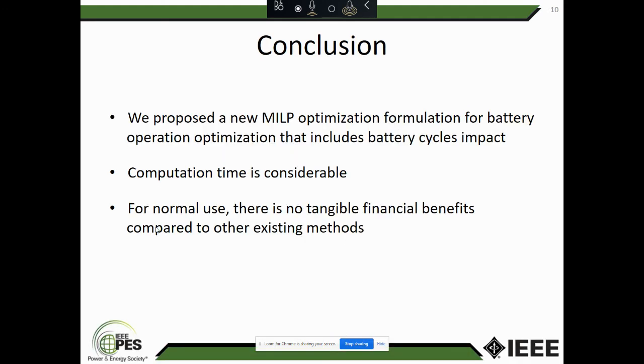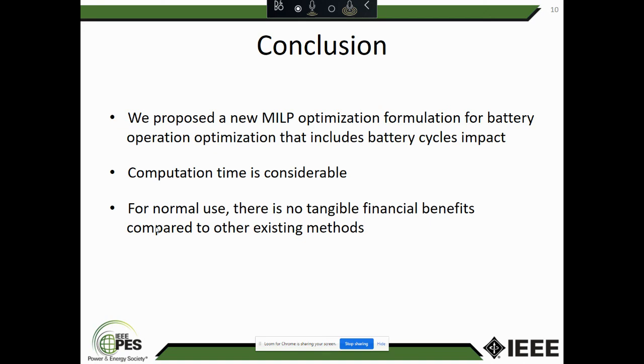As a conclusion, we have proposed a new mixed integer programming approach for battery control that takes into account the impacts of the battery cycles. Unfortunately, the computation time is considerable.